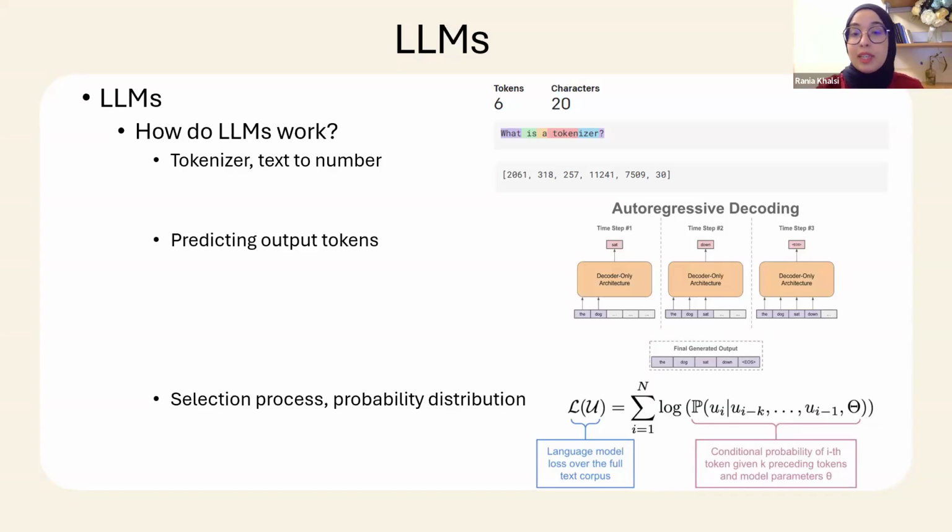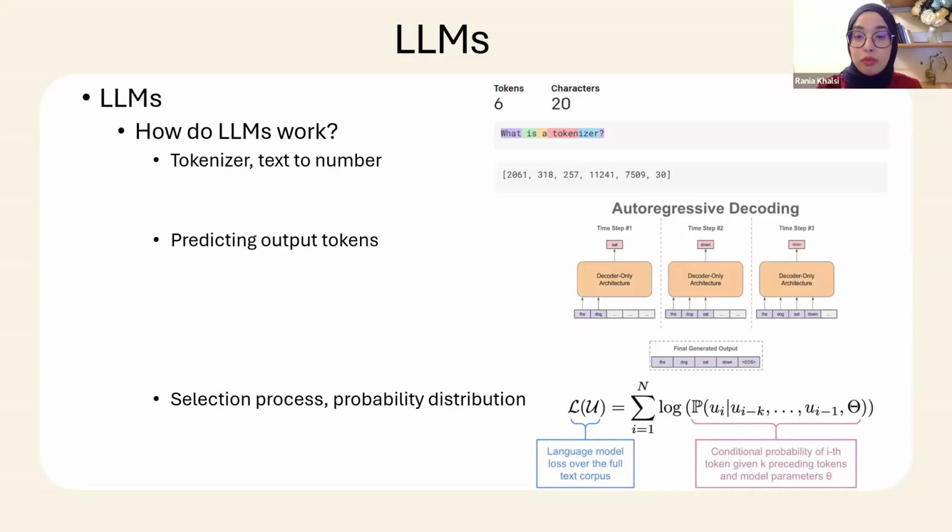So in summary, first we tokenize the input. Next, we predict output tokens using autoregressive decoding. Next, we train our model by optimizing the probability based on the language model loss.